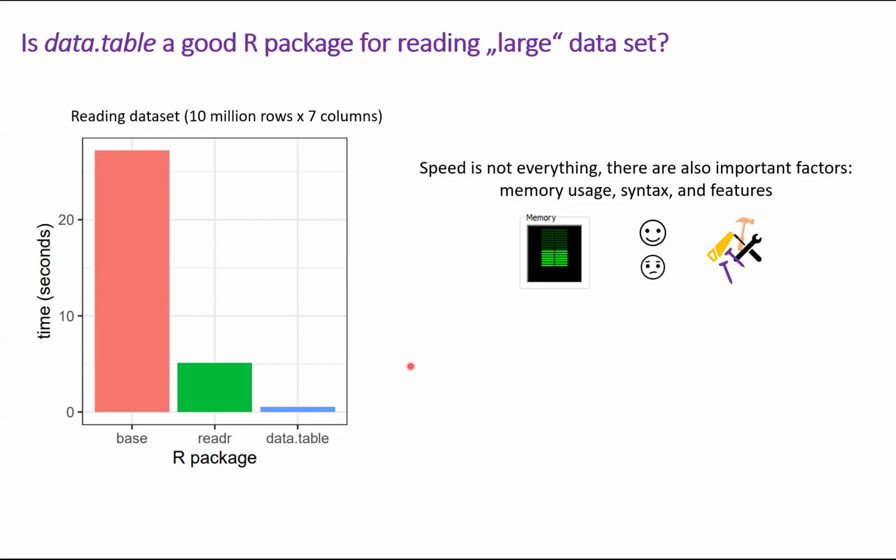Is the syntax simple or complex, or are there any features in this package to handle, for example, dirty and complex data? If we want to read dirty and complex data, maybe we need some advanced features and we can use another package, for example, readr. But in this tutorial, I will show you the data.table package.